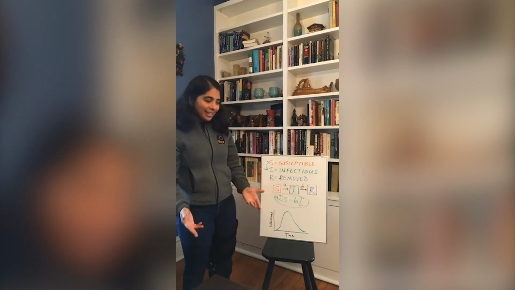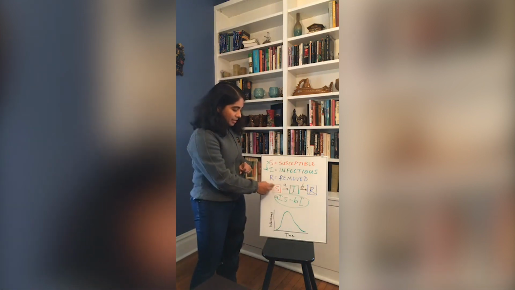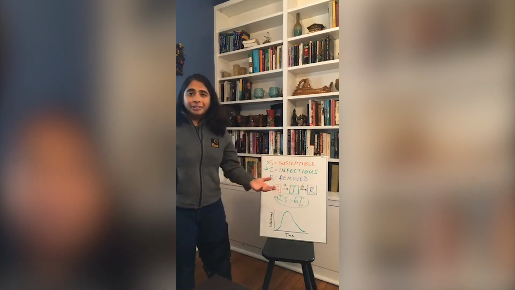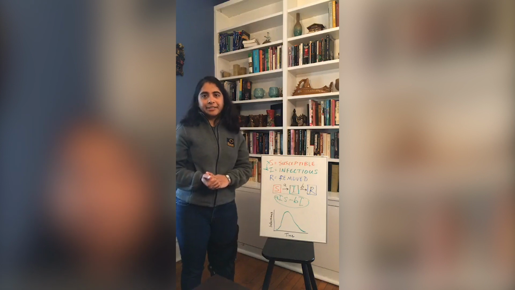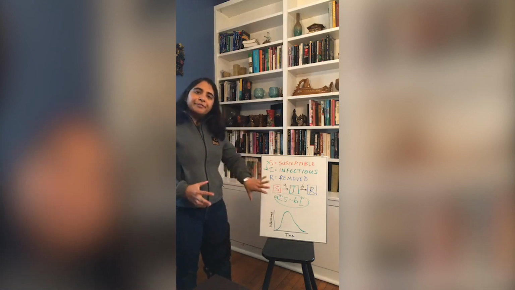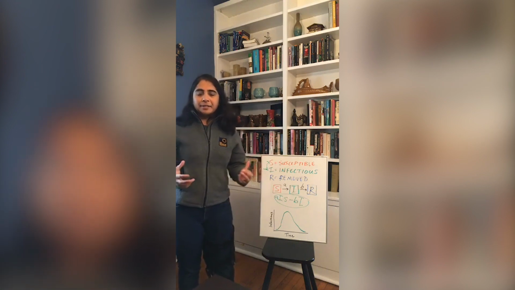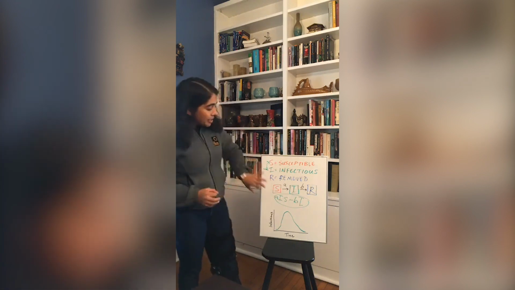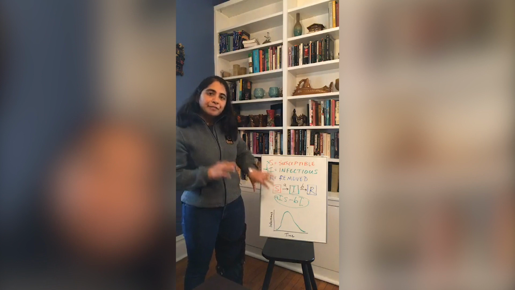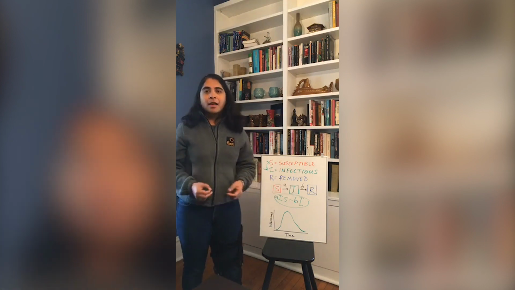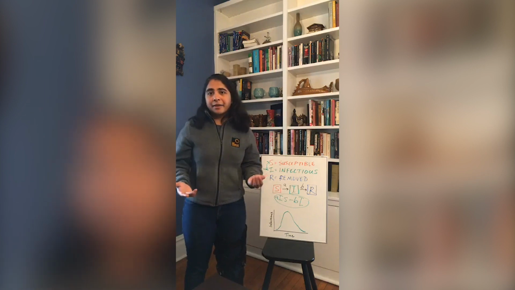Is there a vaccine that could potentially help take people in the S category and have them jump all the way over to the R category because they can't get infected anymore? So this is a very simple model of how you might think about disease dynamics. Now, this is particularly simple because we're thinking about everybody in the population as having the same characteristics. But in fact, we know that we're not all the same.